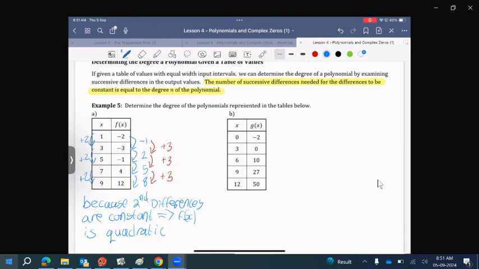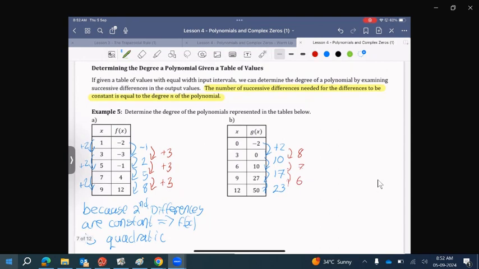Let's have a look at the next one. What are the first differences here? This one is going to be plus 2, plus 10, 17, 23. What are the second differences? 8, 7, 6. What are the third differences?